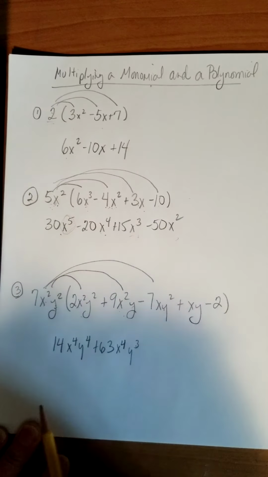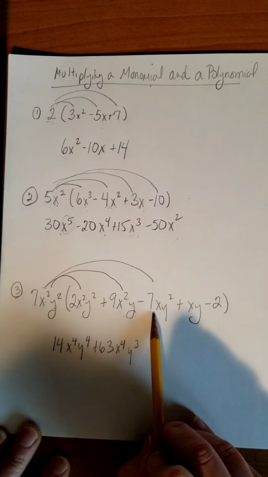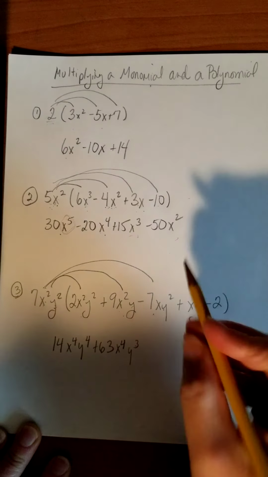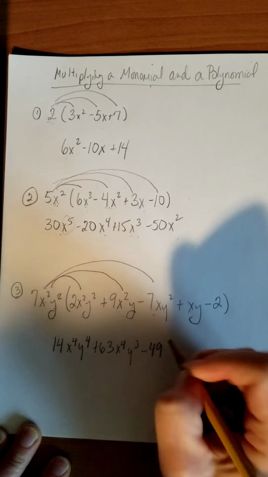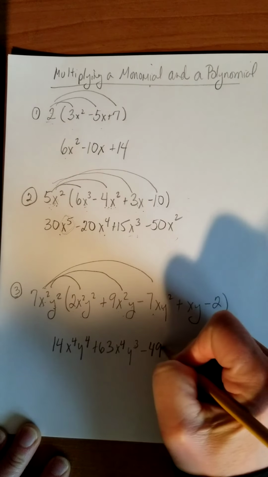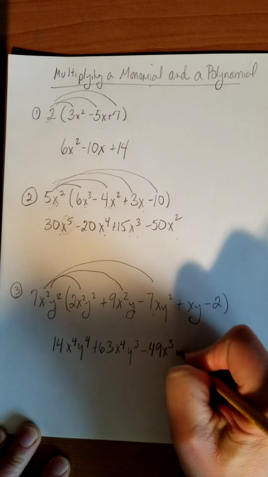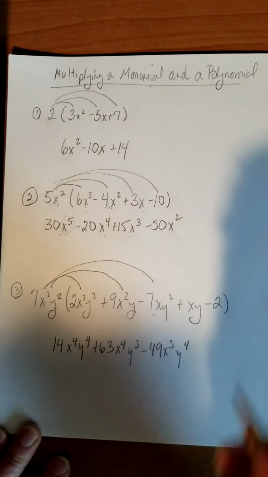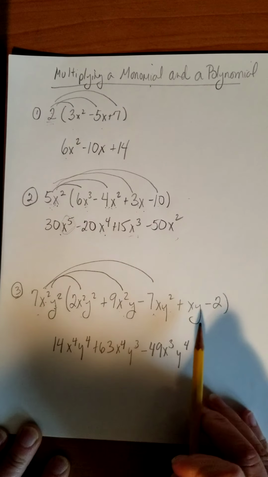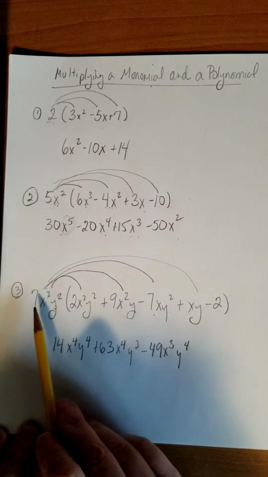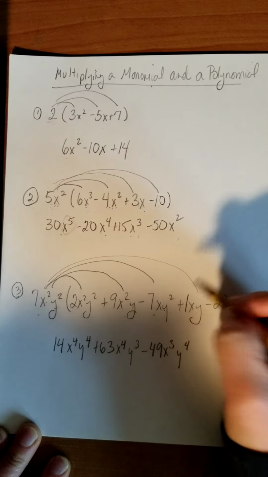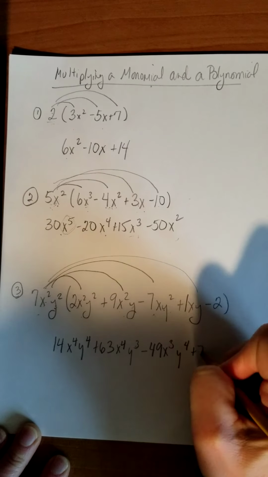Next one. 7x squared y squared times negative 7xy squared. 7 times negative 7 is negative 49. X squared times x is x cubed. Y squared times y squared, that would be y to the 4th. Next one, 7x squared y squared times xy. There's nothing in front, so you could put a 1 there, but 7 times 1 is 7.